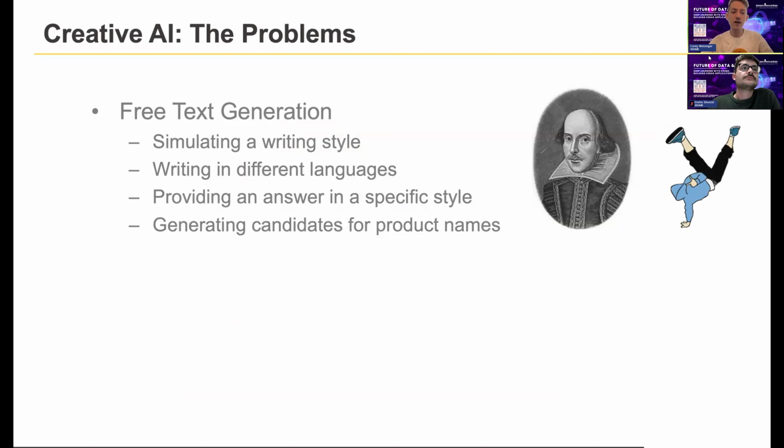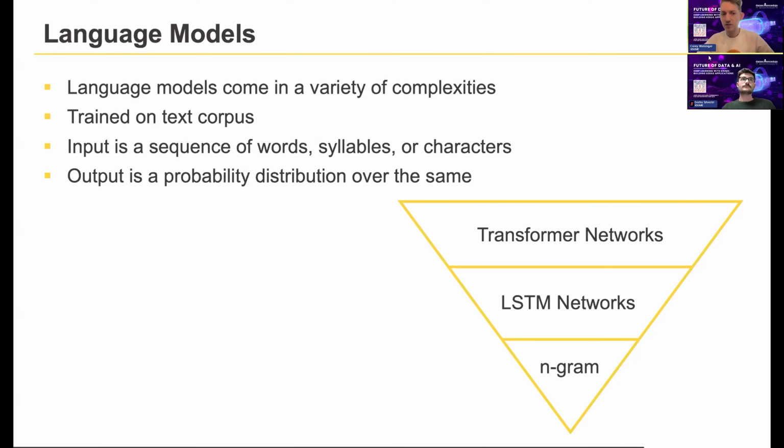Here are a few examples of problems you might tackle with free text generation. Maybe you want to simulate a writing style. Maybe you want to do translation. Neural translation has become huge in the past years as well, or generating some possible product names for new product lines.